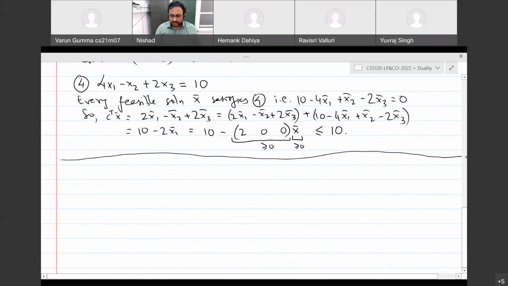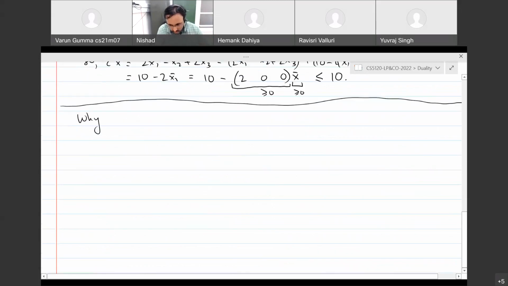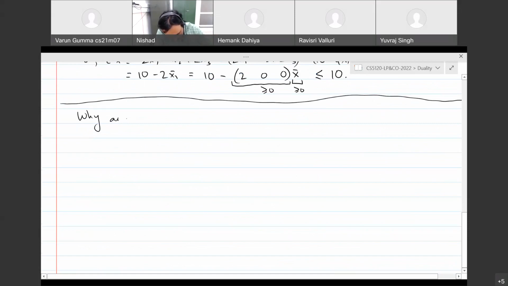All right, so let us generalize what we have done. So in particular, why are these linear combinations able to give us upper bounds?